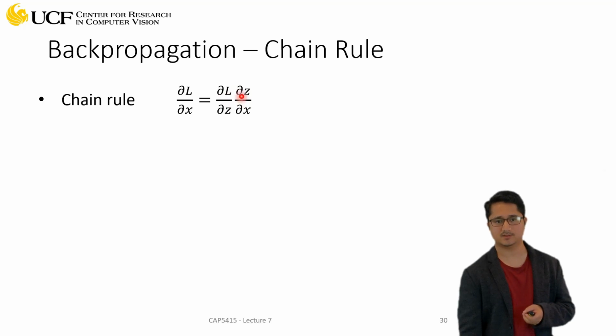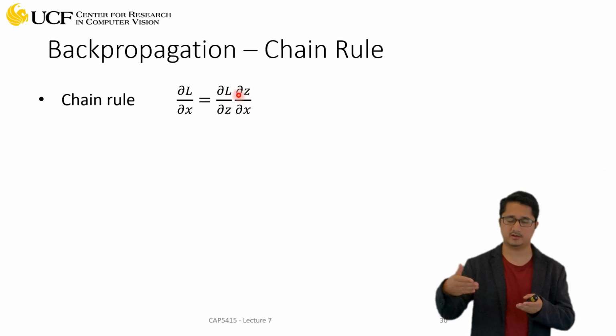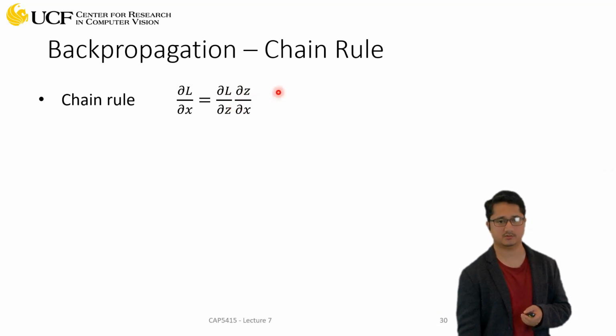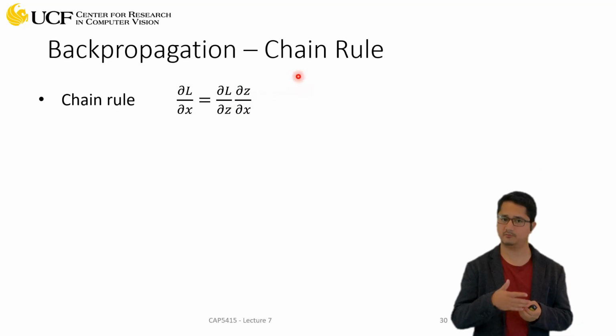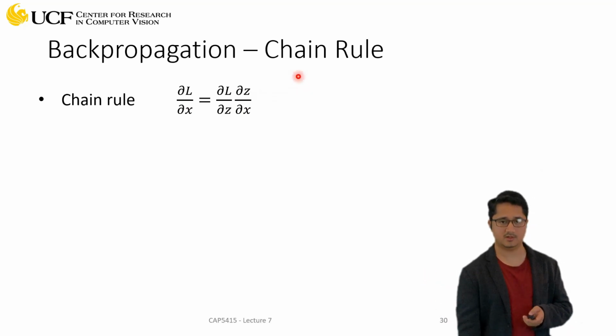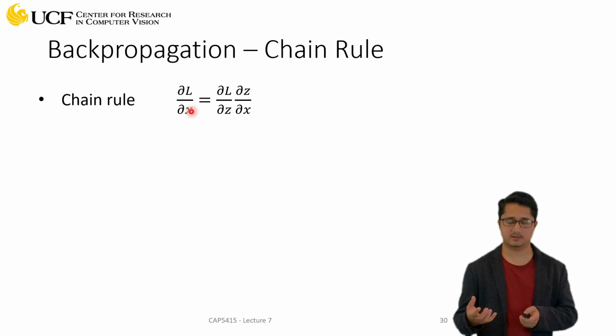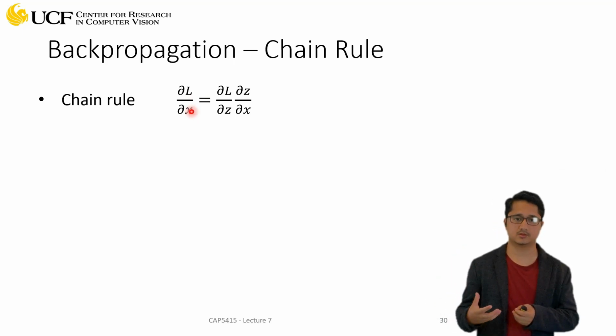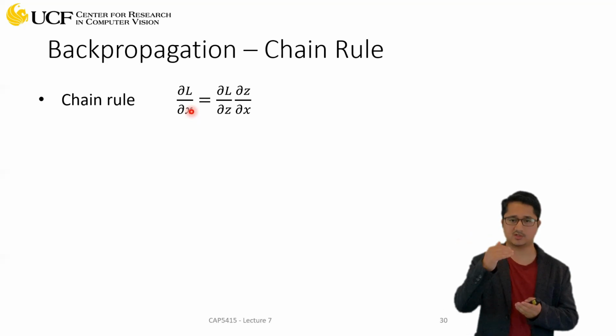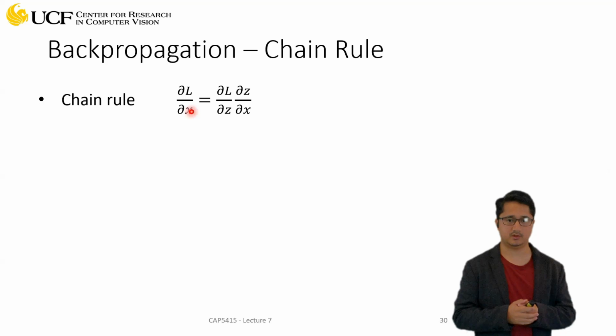And this is just one step. Of course, you can go deeper. You can have multiple chains here because your networks will be very deep. But however deep it is, you will still be able to find this partial derivative. This is called the simple chain rule, and this is what is used to compute the derivatives of the loss function with respect to all the variables in your network.